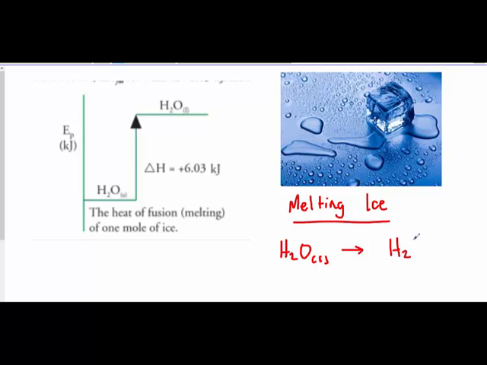In order to change from solid water to liquid water, we need to have some energy present. We must put heat or energy into the system, and so we see the heat on the reactant side.